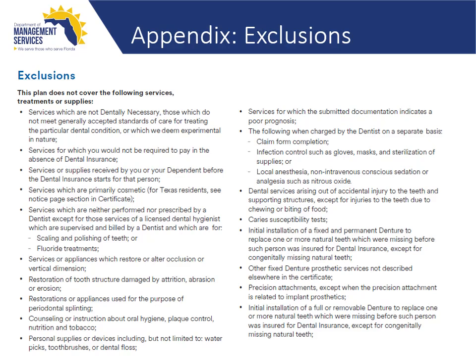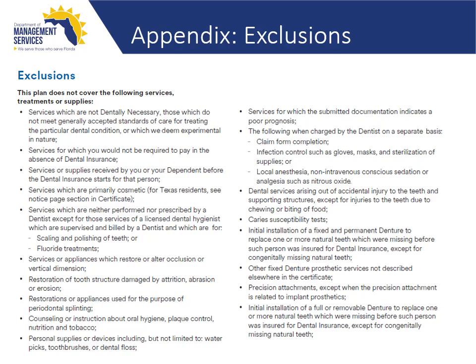Caries susceptibility tests. Initial installation of a fixed and permanent denture to replace one or more natural teeth, which were missing before such person was insured for dental insurance, except for congenitally missing natural teeth. Other fixed denture prosthetic services not described elsewhere in the certificate. Precision attachments, except when the precision attachment is related to implant prosthetics.